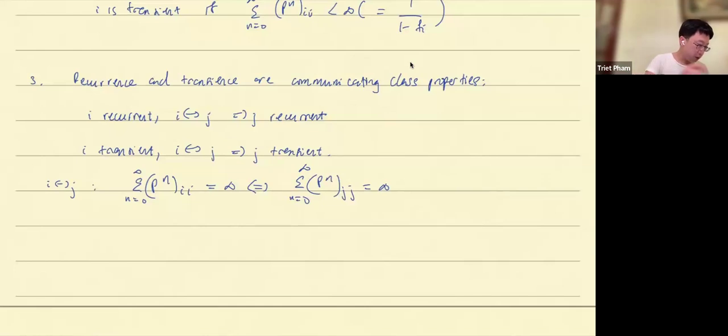All right. Let's see what else we have. I think with that, we are done with the materials of 4.3.